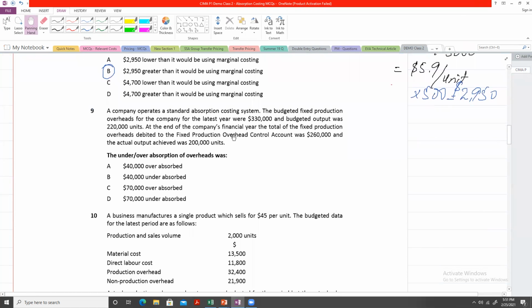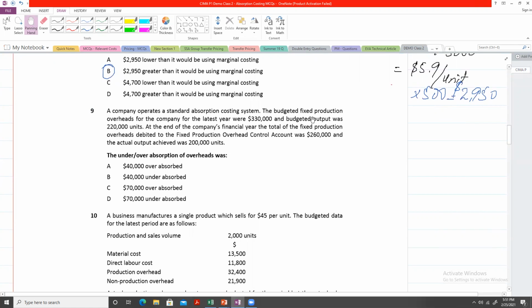Now moving forward to question number 9. A company operates a standard absorption costing system, and we are required to calculate over or under absorption of overheads.